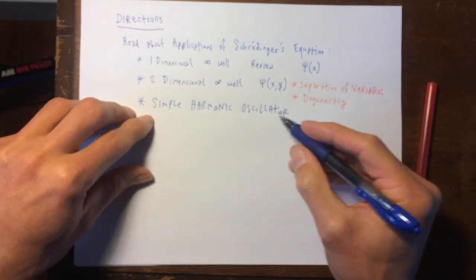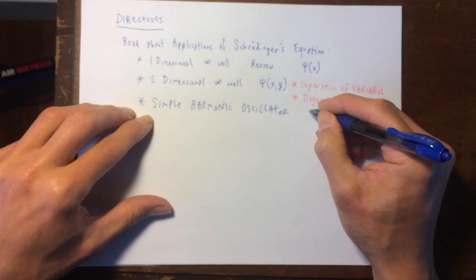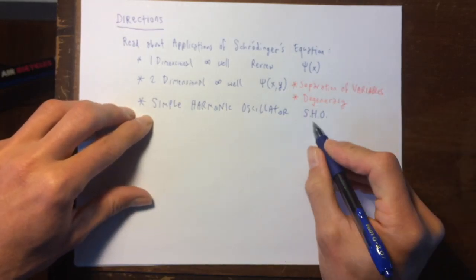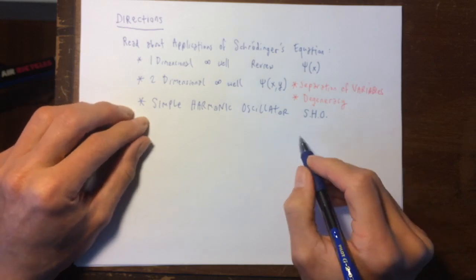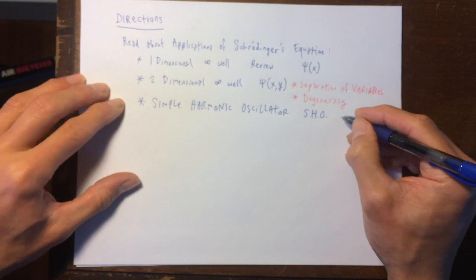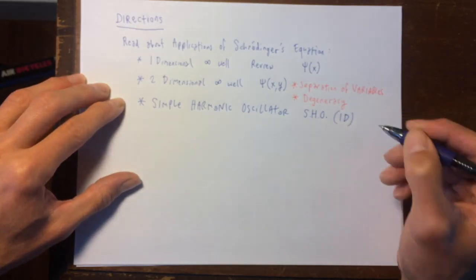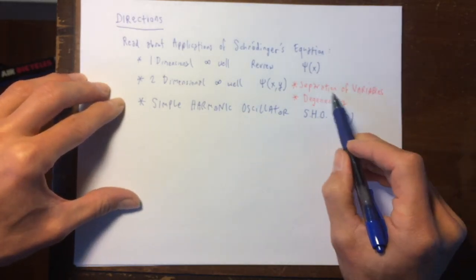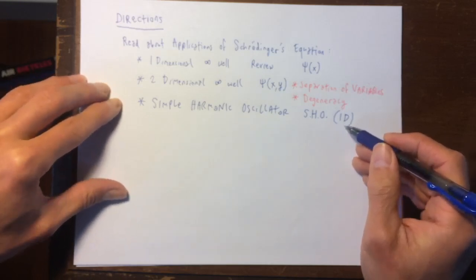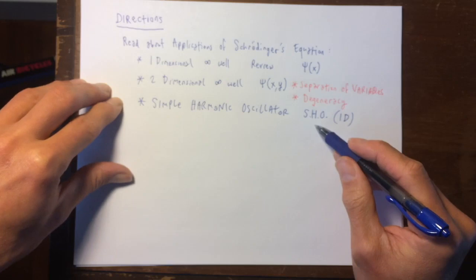Sometimes this is abbreviated SHO, and I'll probably sometimes do that absent-mindedly. You're doing this in 1D, but you might imagine, could you also do the separation of variables if you had a two-dimensional or even three-dimensional simple harmonic oscillator?